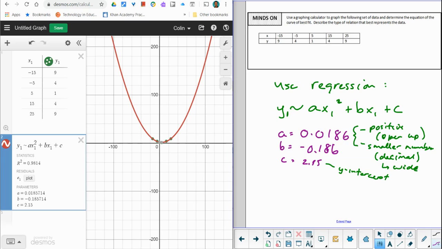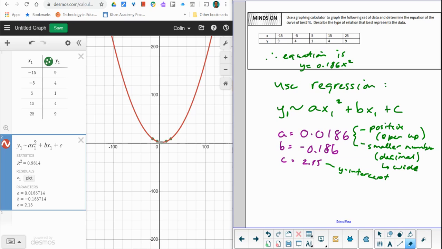So could we have an equation? Yes. Therefore, the equation is y equals 0.186 x squared plus, well, it would be a plus, but we actually have a negative number here.